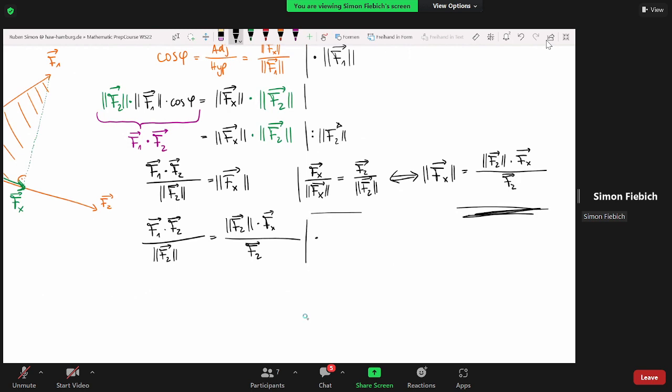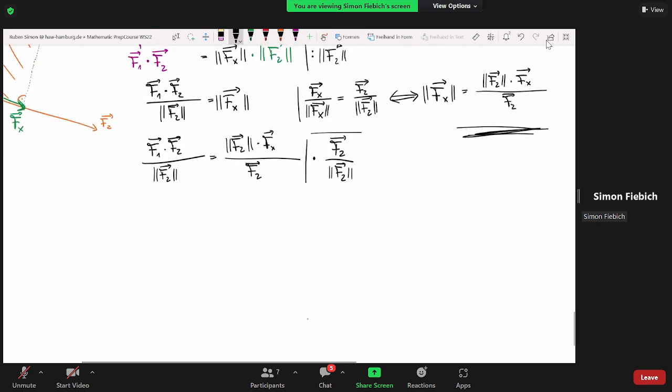And now we multiply by magnitude of f2 divided by f2. And then we would only have fx left on one side of the equation.